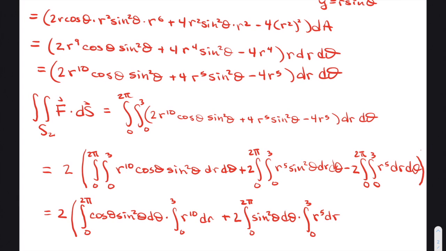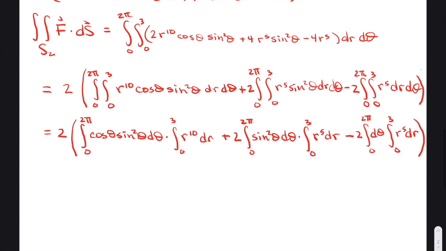And minus 2 more of those. So again, we're going to have minus 2, an integral from 0 to 2 pi just with a d theta, and another integral from 0 to 3 of r to the 5th dr. Okay? And we're getting to the point where this boils down pretty easily.